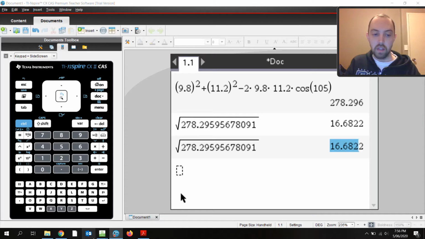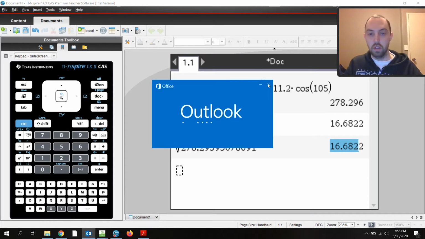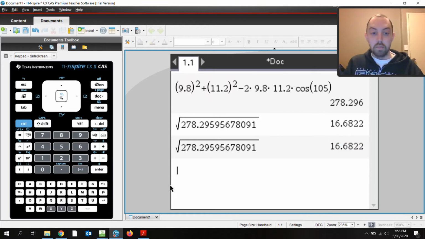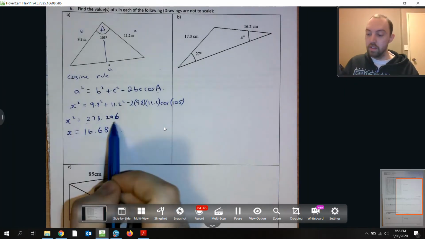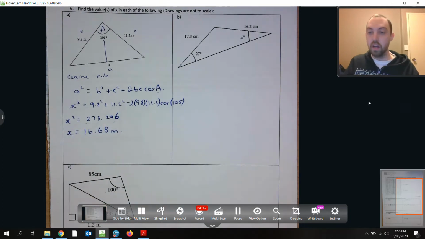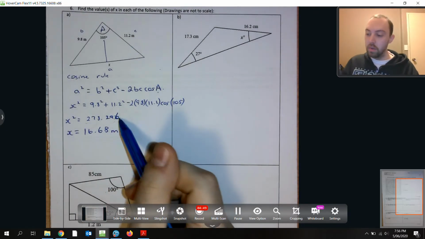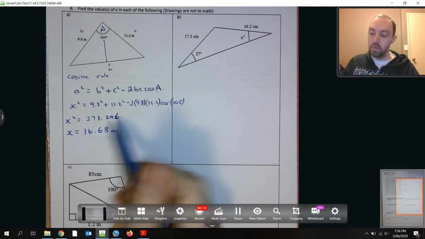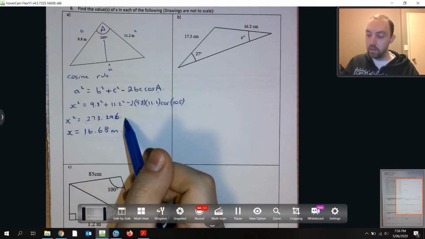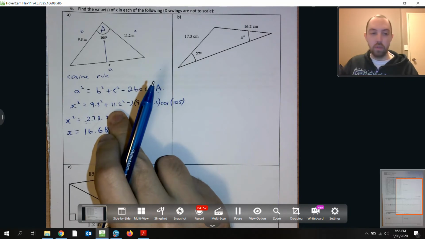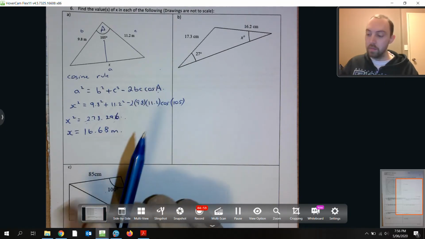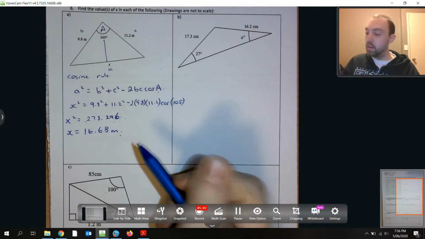So I'm happy to give this as a part of my solution, but I've got to make sure I continue to use the full value of my calculator, not say 278.3 if I was rounding that one. Only round at the final answer.